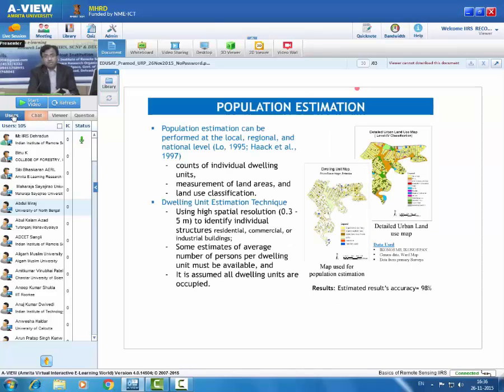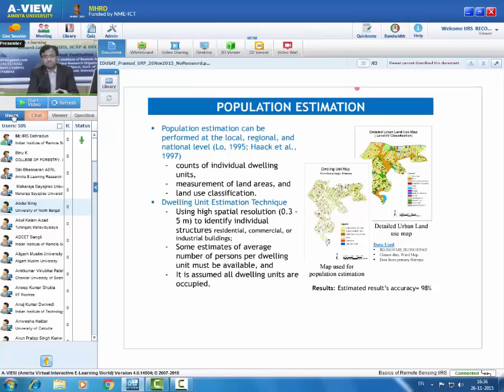Another example is population estimation. Though enumeration is the primary technique, population estimation using remote sensing is also now being used to some extent by people engaged in population enumeration. One of the popular methods is the dwelling unit technique.